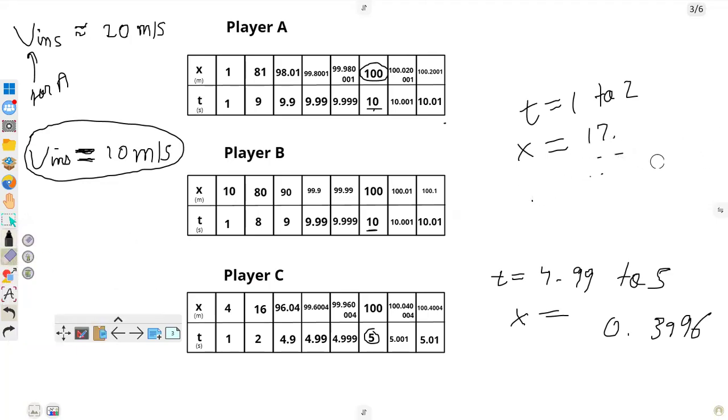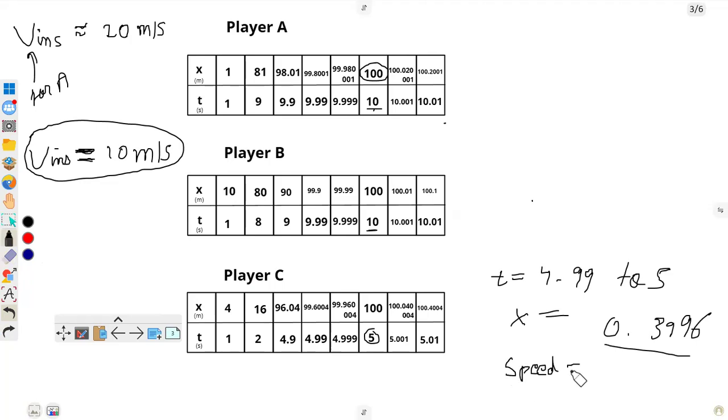So we can go close to the instantaneous speed, as close as we please. So from t is equal to 4.99 to t is equal to 5, the distance traveled is this. So our speed will be 39.96, right?